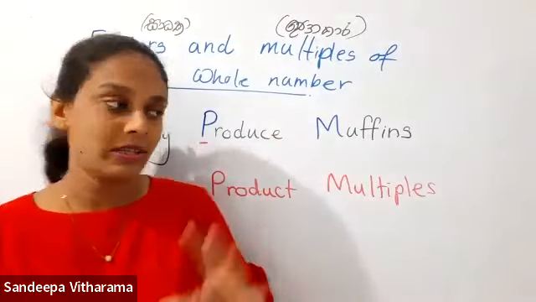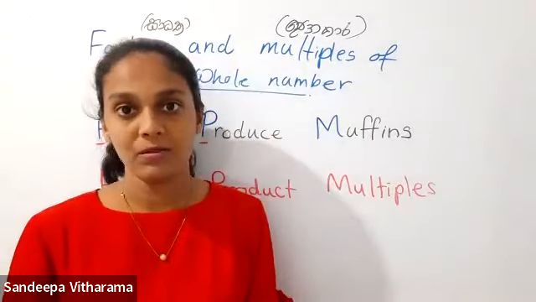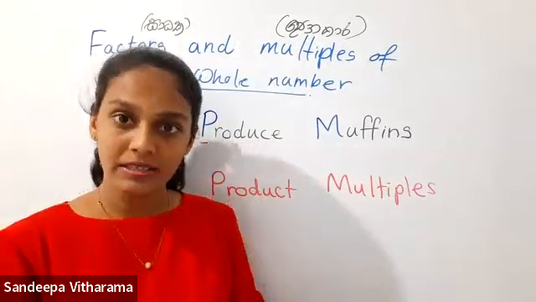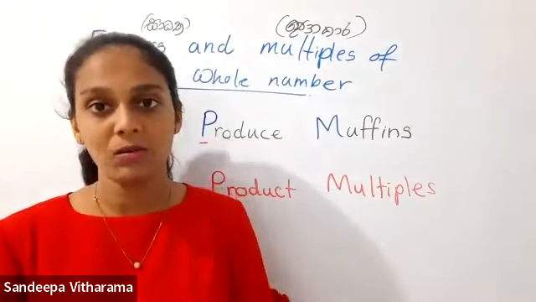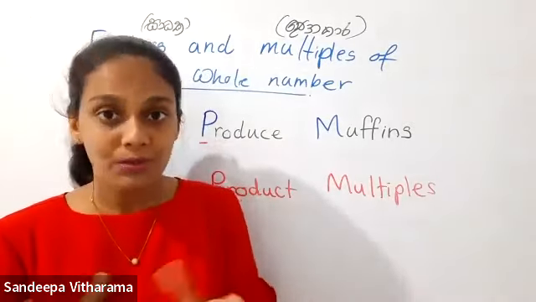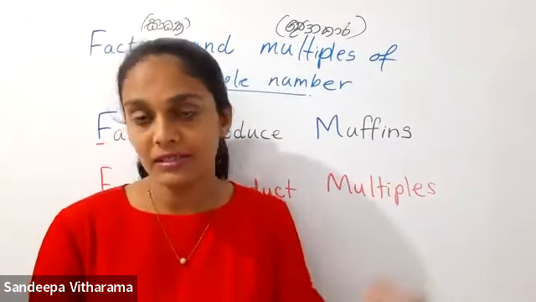Okay, actually now here factors and multiples both are numbers. Then how do we identify whether it is a multiple or a factor? This is the question that you have to face when you are asked to identify the factors and multiples.